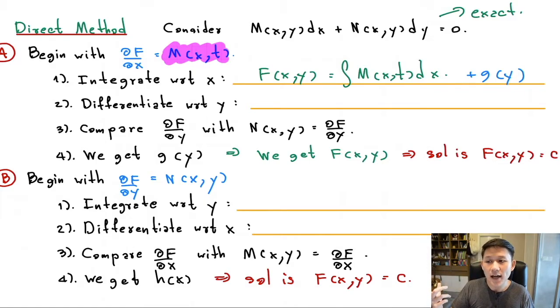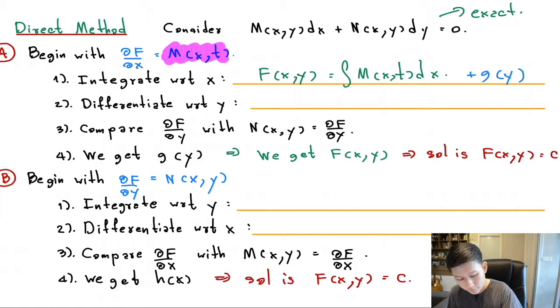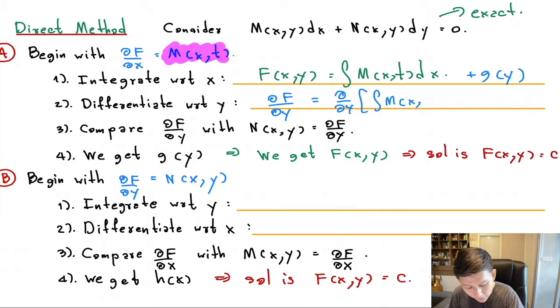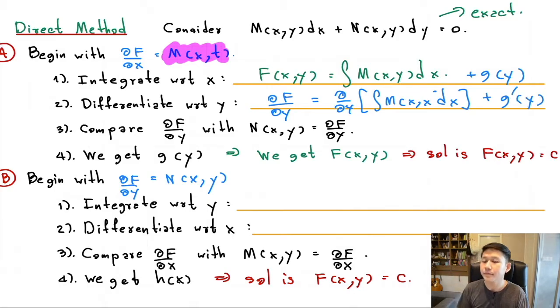And after that, I differentiate f by y. So what I have is df by dy equals, and I need to differentiate this, which is the partial derivative with respect to y of the integral of M(x,y) dx, plus g prime of y.